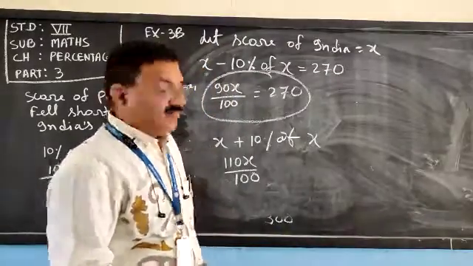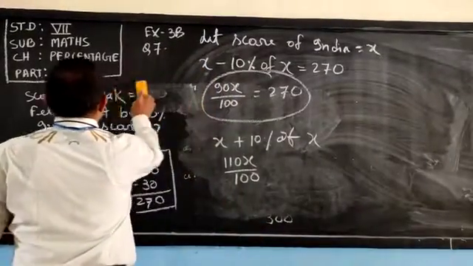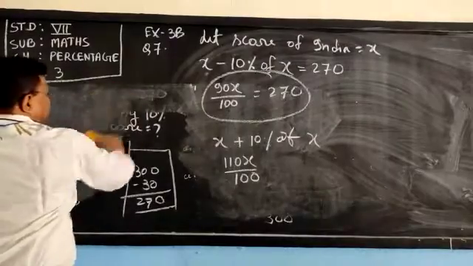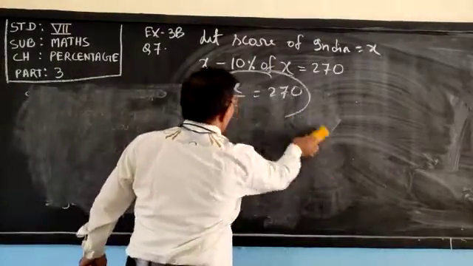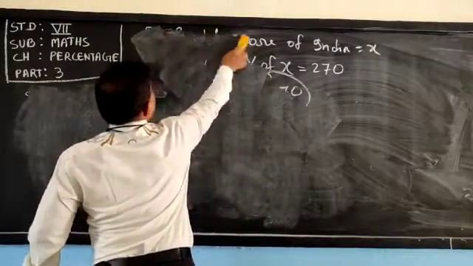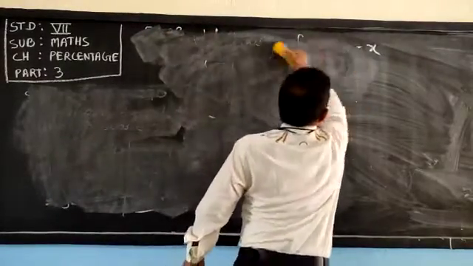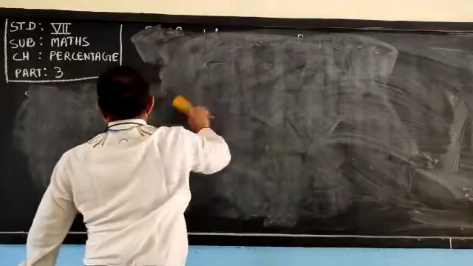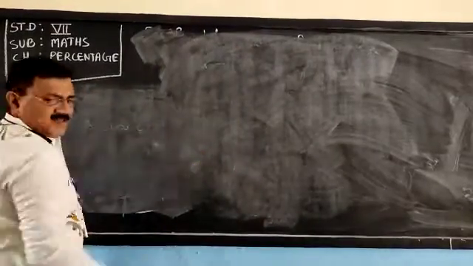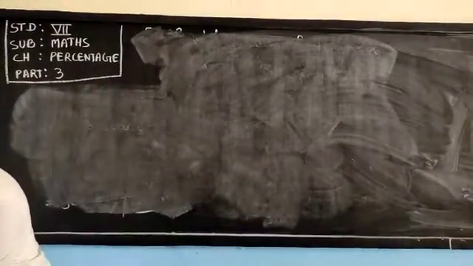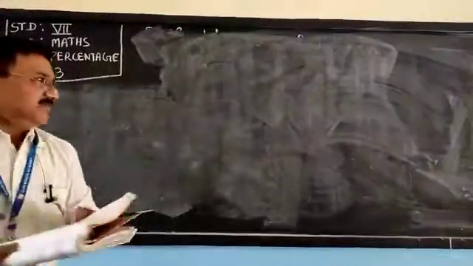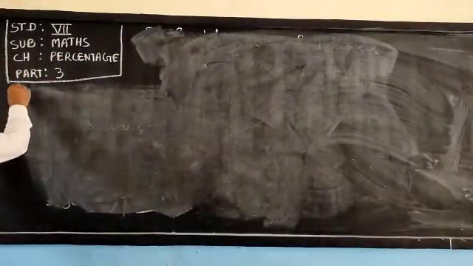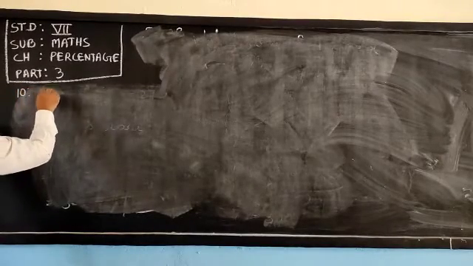Now let us solve question number 10. What is there in question number 10? Hanif scored 48 runs.